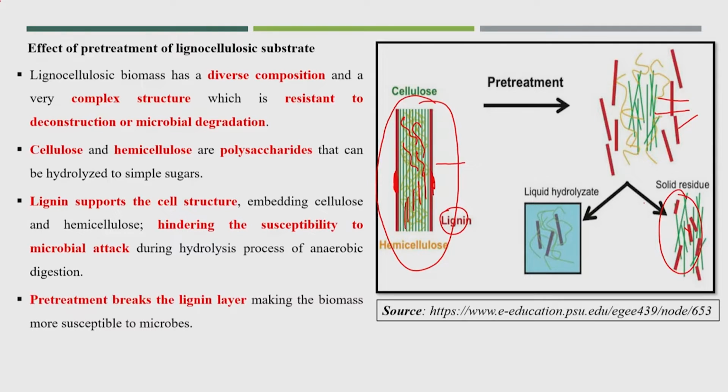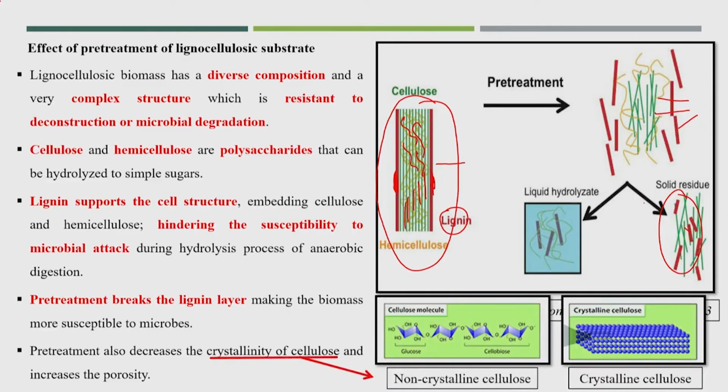And pretreatment breaks the lignin layer and makes the biomass available to the microbes. The pretreatment also decreases the crystallinity of cellulose and increases the porosity. You see here, this is the crystalline structure of cellulose.